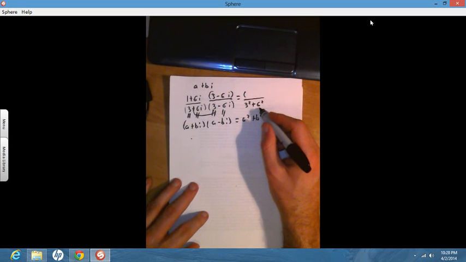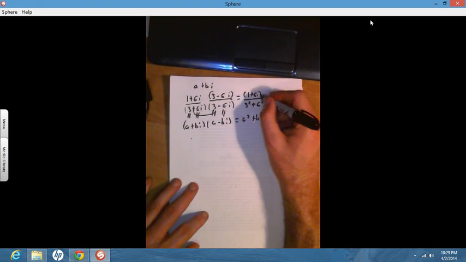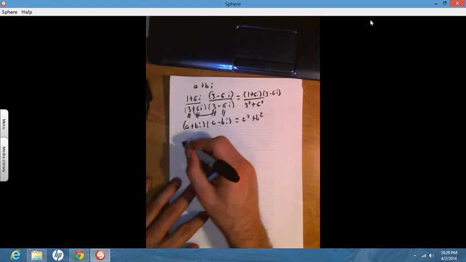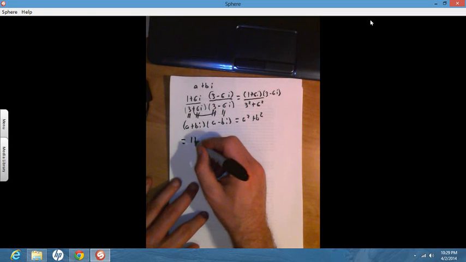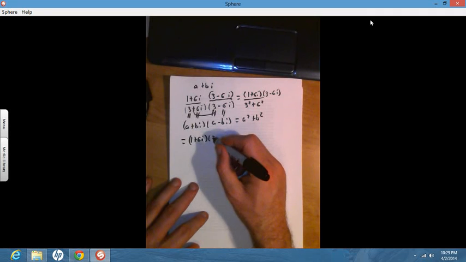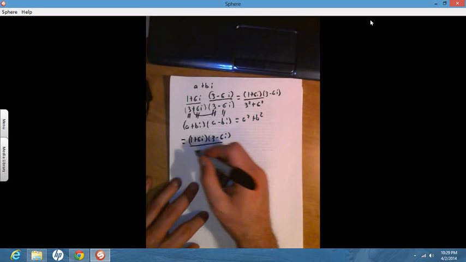And the numerator is going to be 1 plus 6i times 3 minus 6i, divided by 9 plus 36.